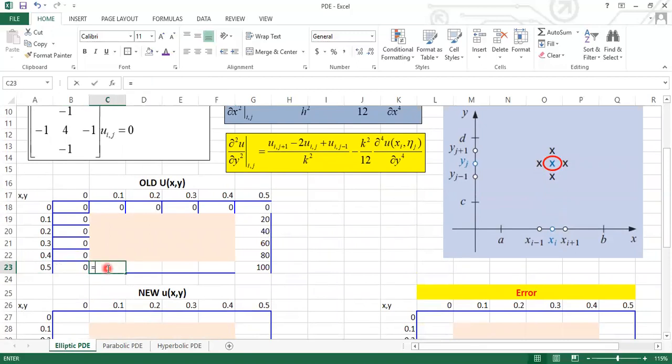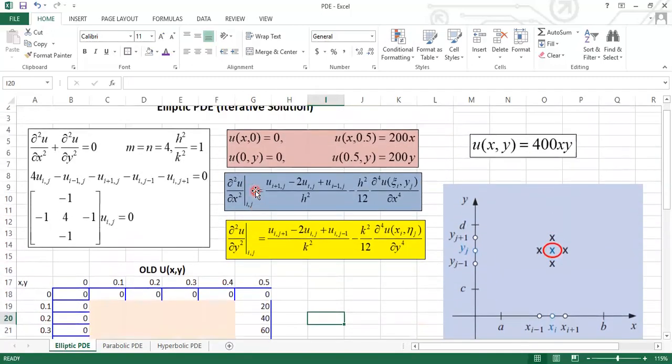All the rest of the values would be 200 times the x value, and correspondingly we will generate all the boundary values. So boundary values have been generated, and we have the unknown values in between, and these are 16 values in between, since we have adopted the step size equal to 0.1.